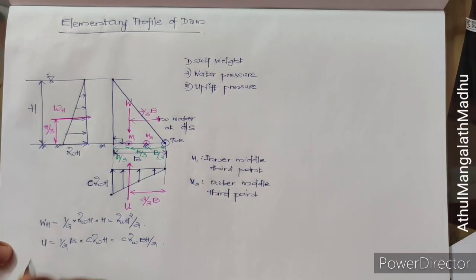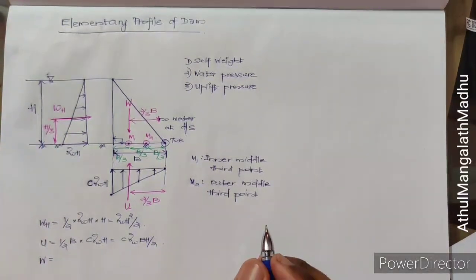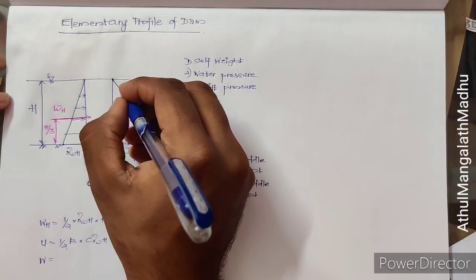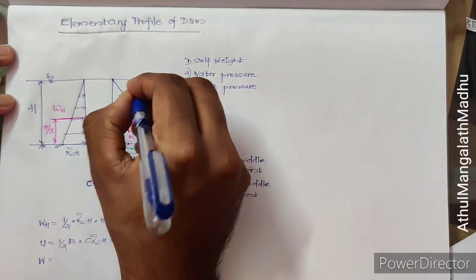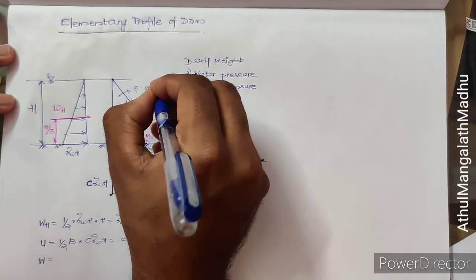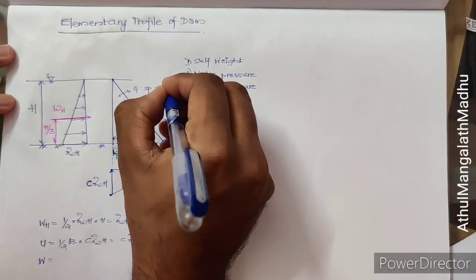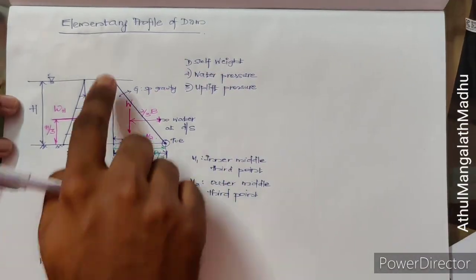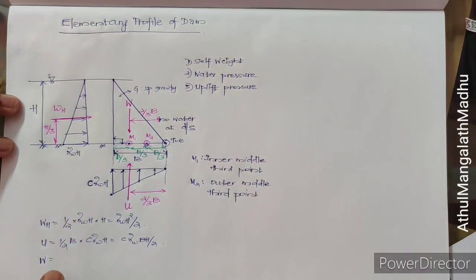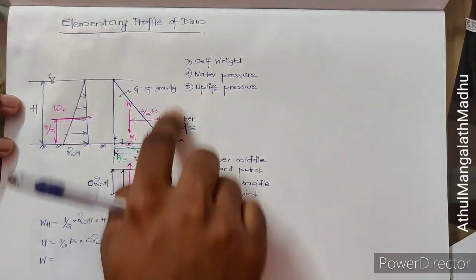Similarly, the total weight of the concrete, W. I am assuming that the concrete has a specific gravity G. So this area has to be multiplied by the weight density so as to get the total weight.